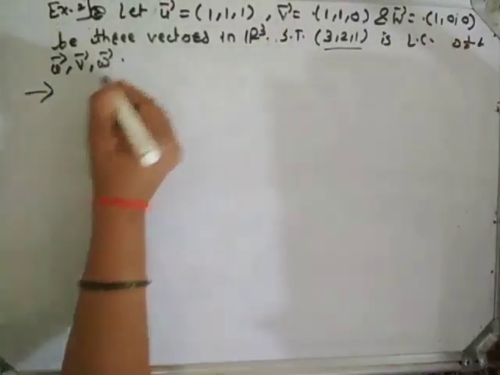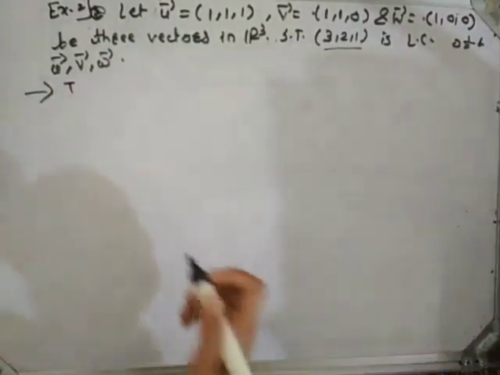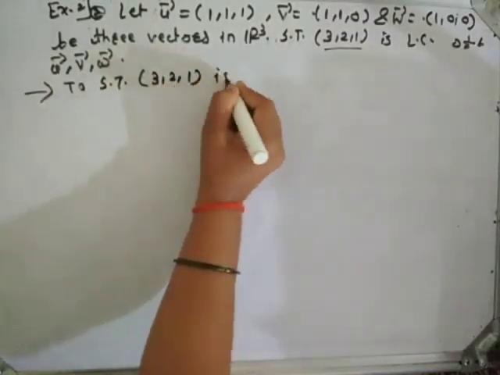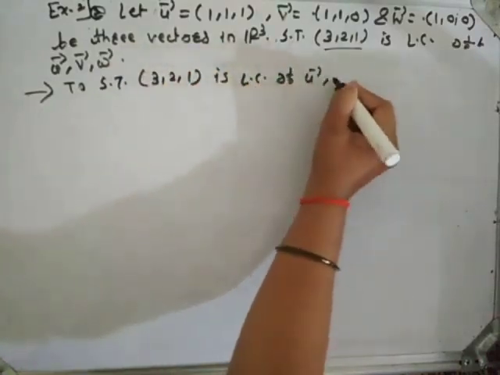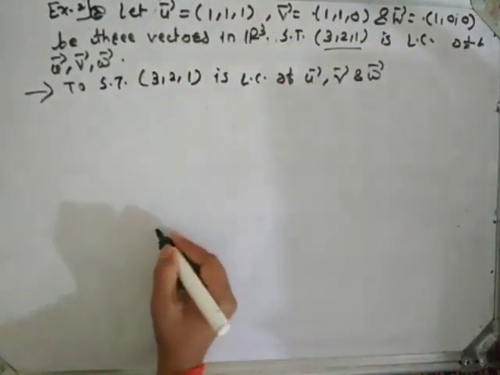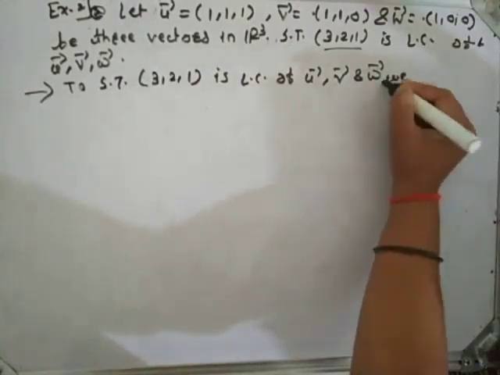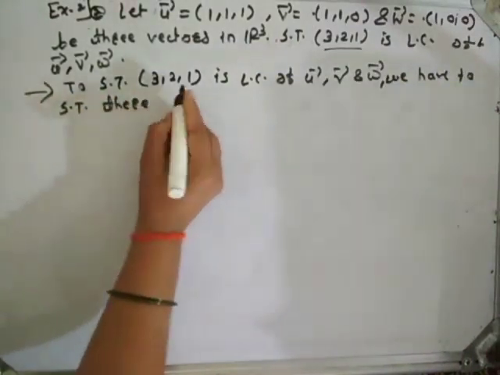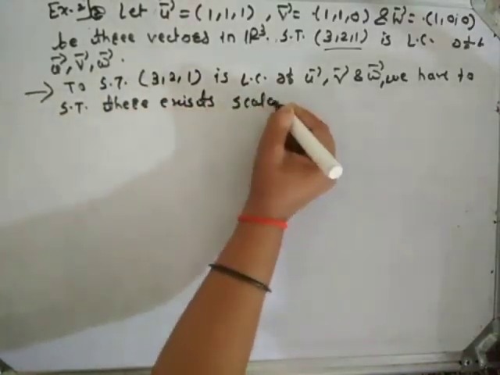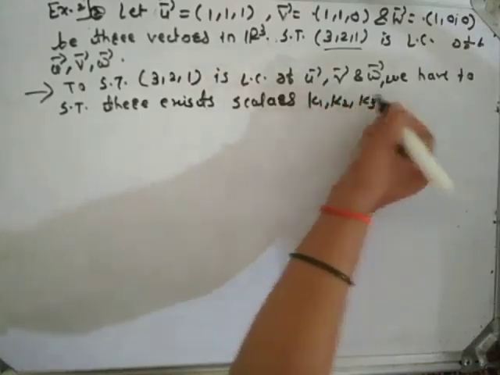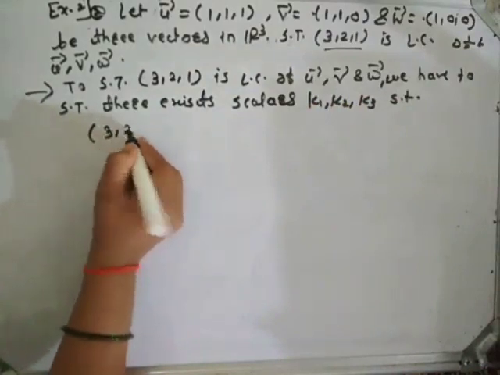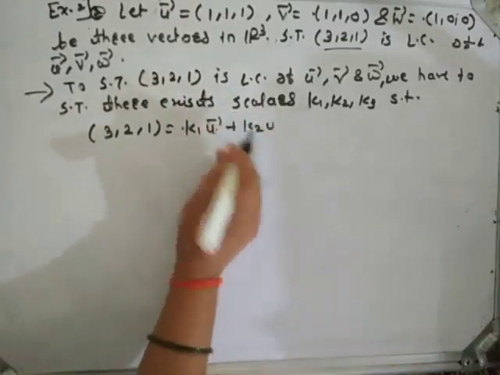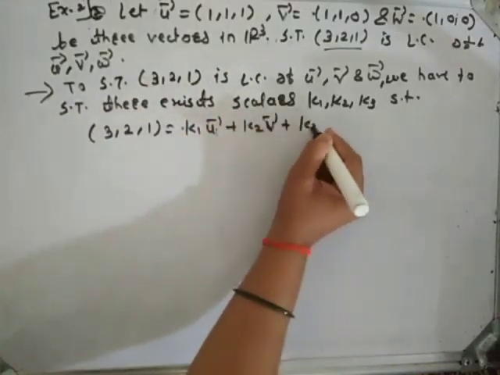To show that vector (3, 2, 1) is a linear combination of u bar, v bar and w bar, we have to show that there exist scalars k1, k2, k3 such that vector (3, 2, 1) is equal to k1 into u bar plus k2 into v bar plus k3 into w bar.